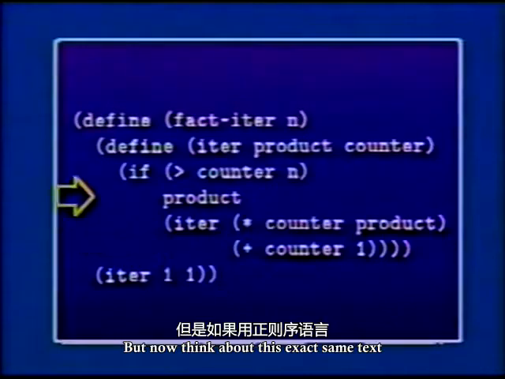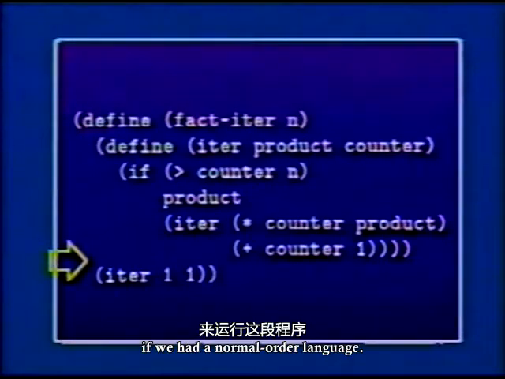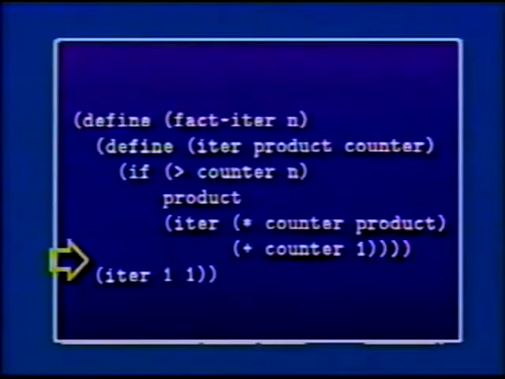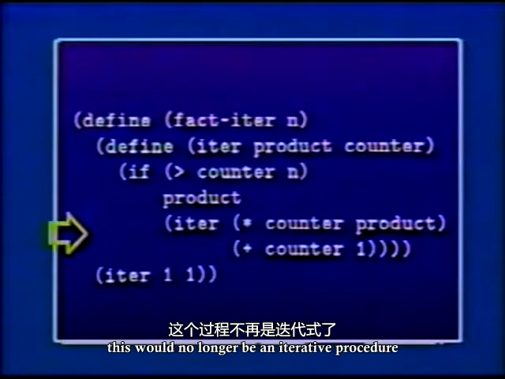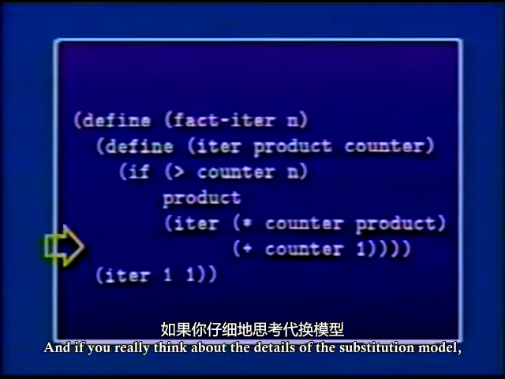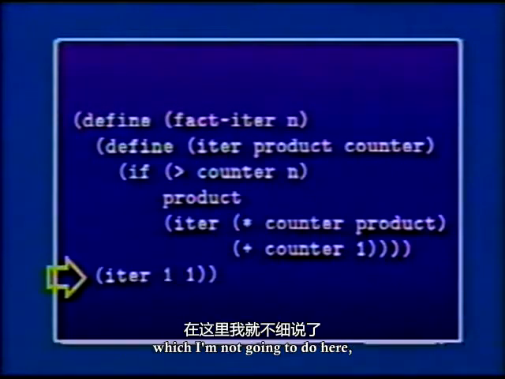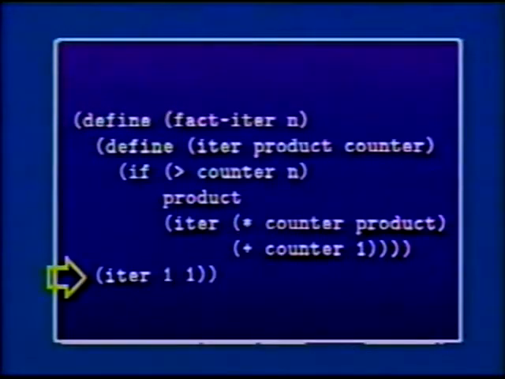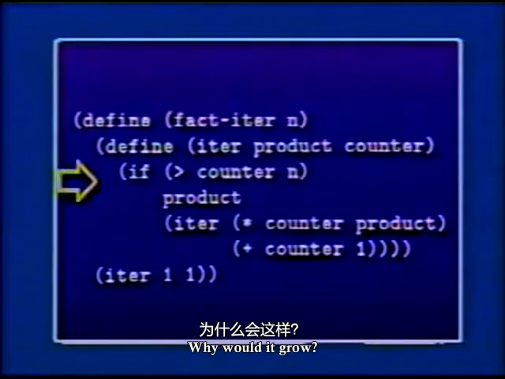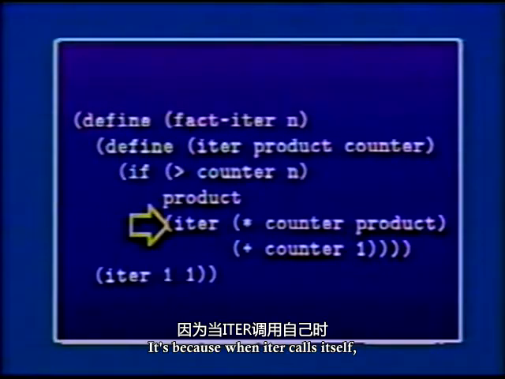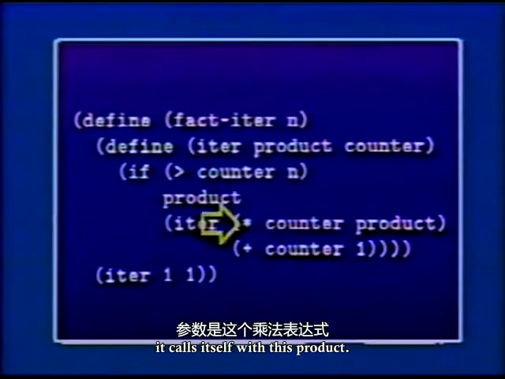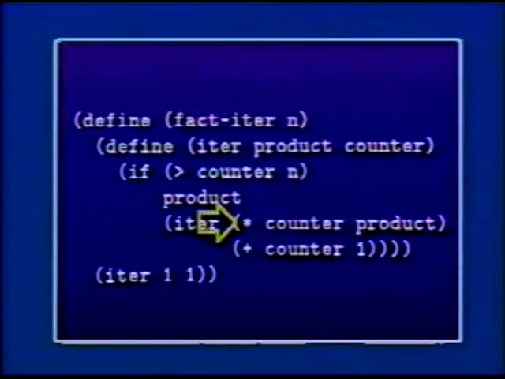But now think about this exact same text if we had a normal order language. What would happen is this would no longer be an iterative procedure. If you really think about the details of the substitution model, which I'm not going to do here, this expression would grow. Why would it grow? It's because when iter calls itself, it calls itself with this product. If it's a normal order language, that multiplication's not going to get done.